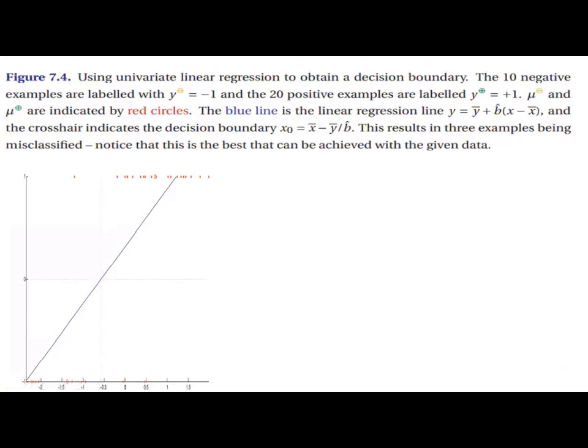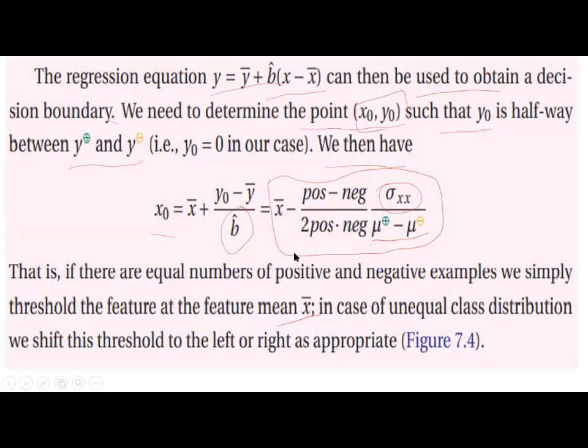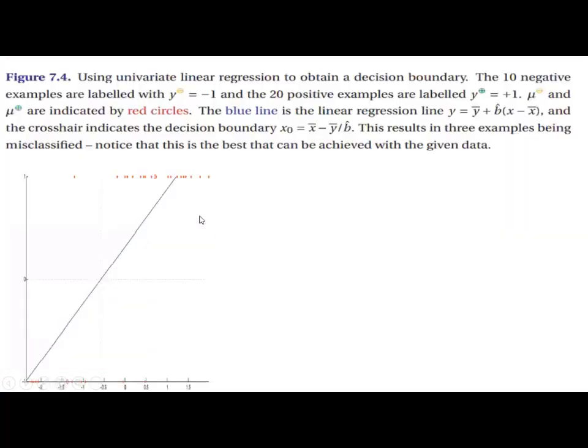If there are equal numbers of positive and negative classes, then all positives come in this area. This is the first quadrant, this is the second quadrant, this is the third quadrant, this is the fourth quadrant. Generally, first and third represent true positives and true negatives, and second and fourth represent false positives and false negatives.